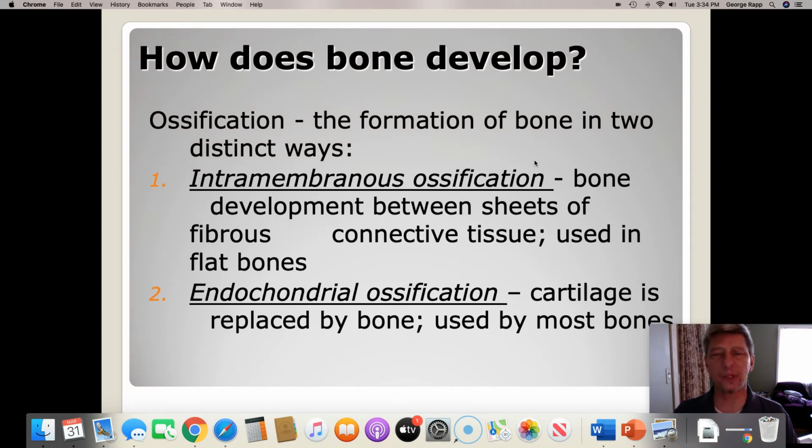That's typically found in flat bones, like the bones that make up your skull. Not to say that your skull is flat, but it's a very thin, flat bone, not a long bone like in your arms or your legs. In the arms and legs and fingers and toes, you have what's called endochondral ossification, where a cartilage matrix is laid down during fetal development, and then that is slowly replaced by bone in the process of ossification. Most bones in the body form this way.